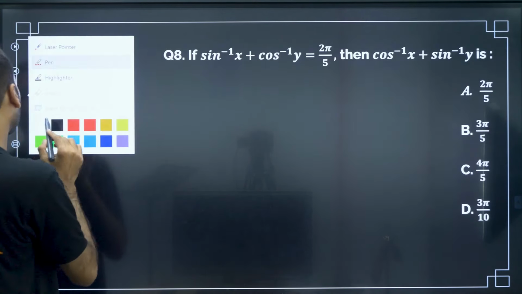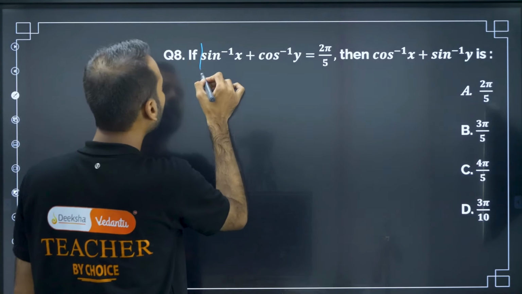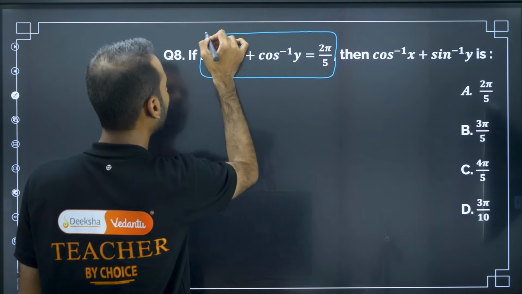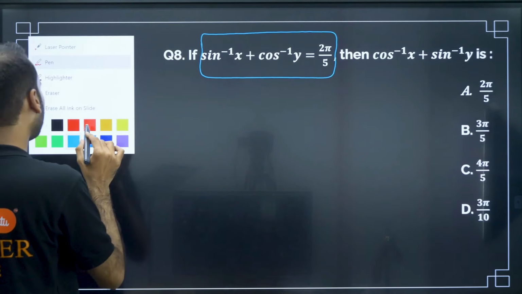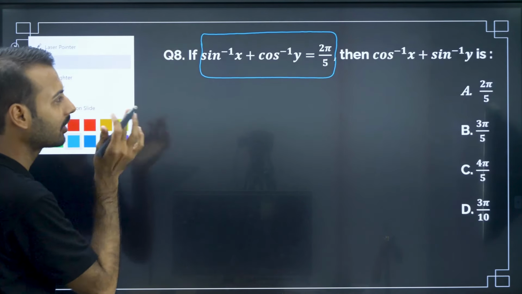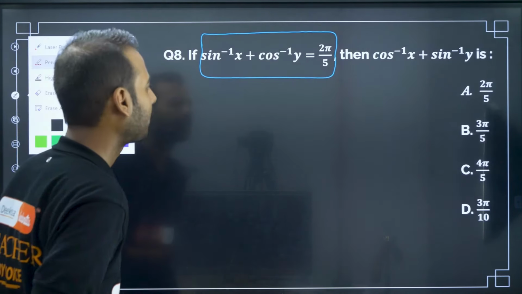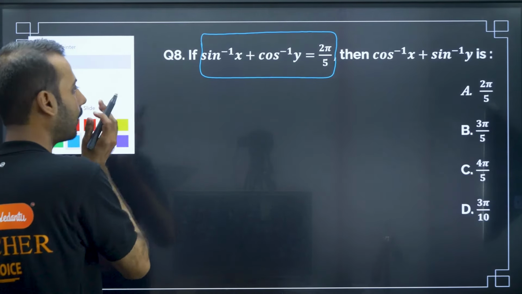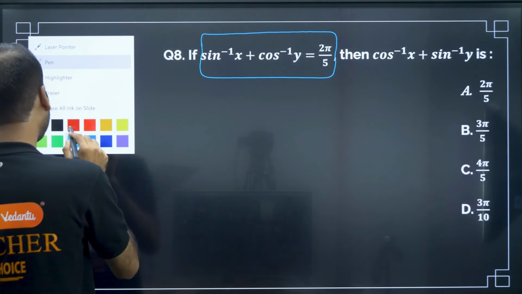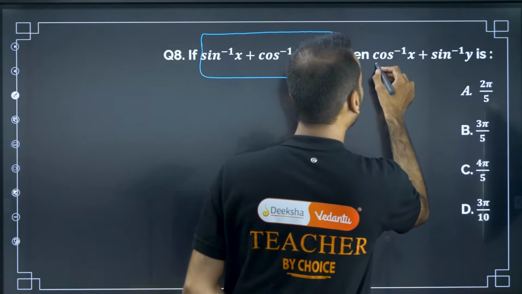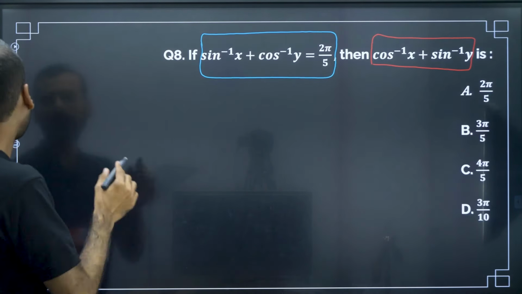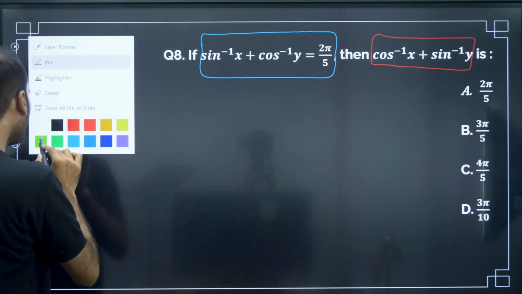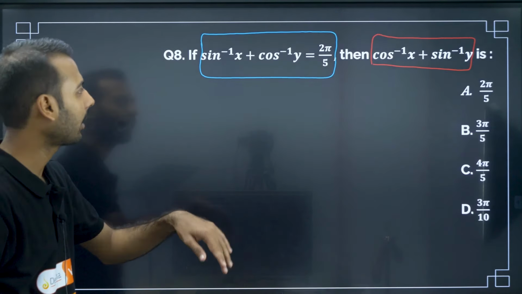One equation they have given: sin inverse x plus cos inverse y is equal to 2 pi by 5, and then they are asking to find cos inverse x plus sin inverse y. So what have they given and what are they asking?